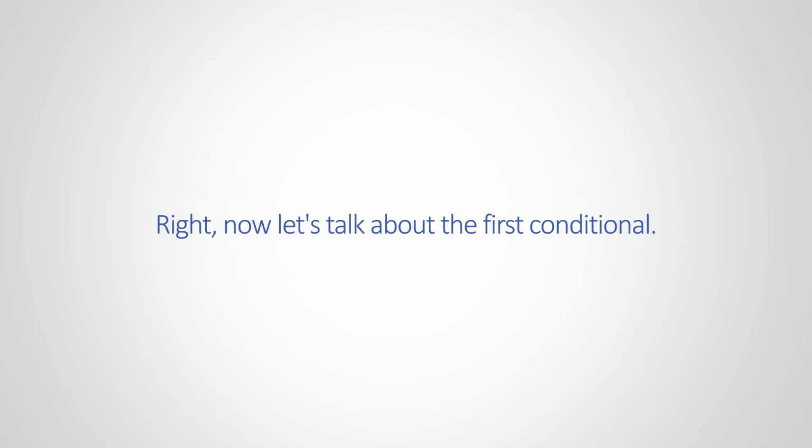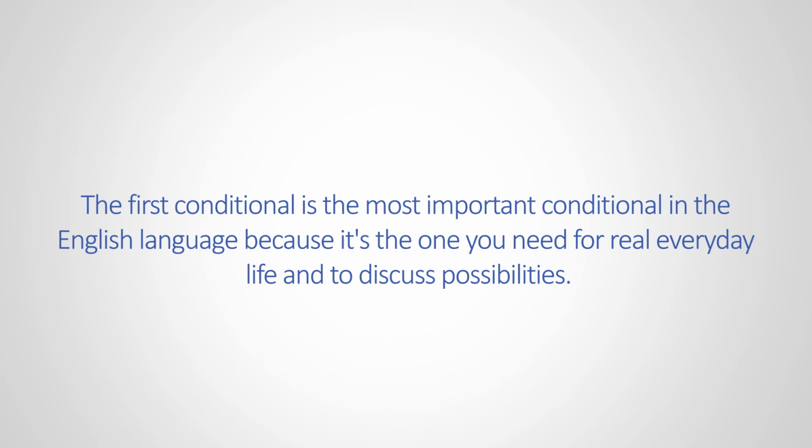Right now, let's talk about the first conditional. The first conditional is the most important conditional in the English language because it's the one you need for real everyday life and to discuss possibilities.